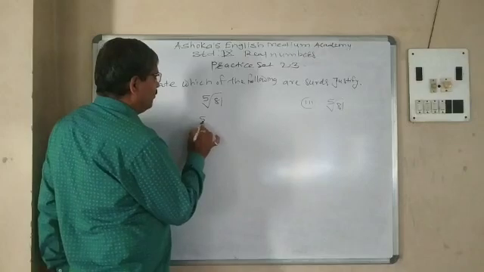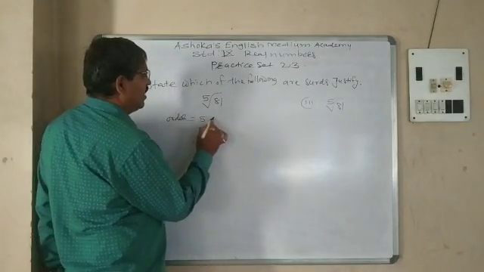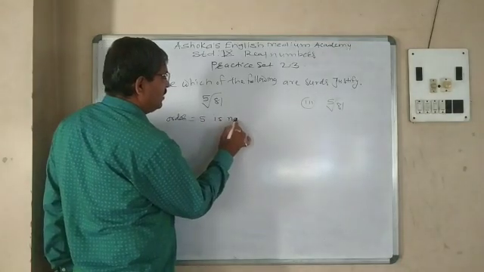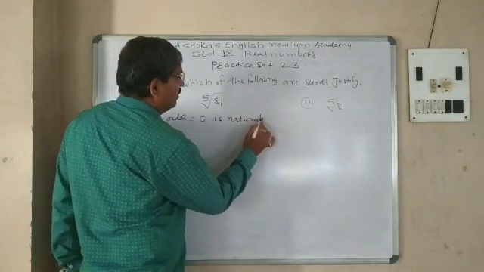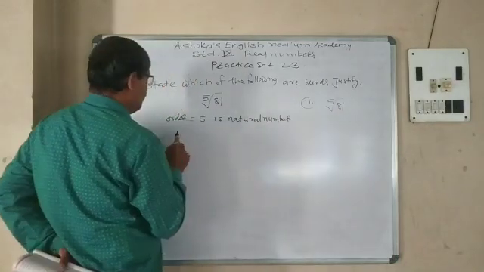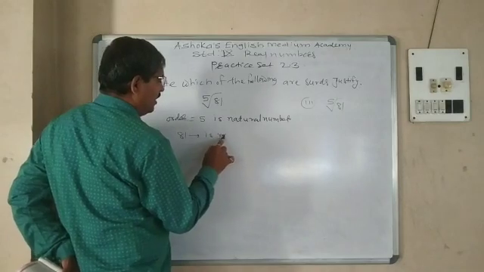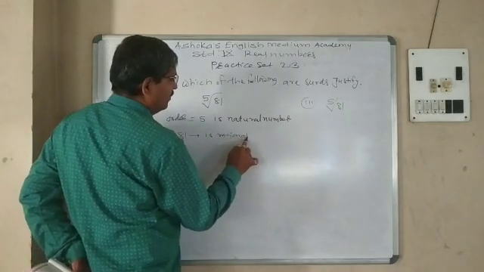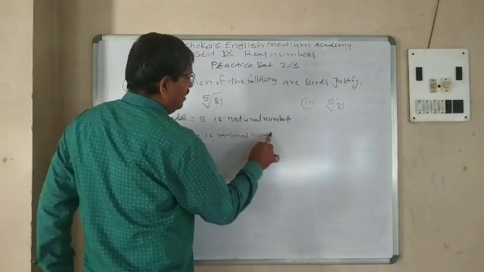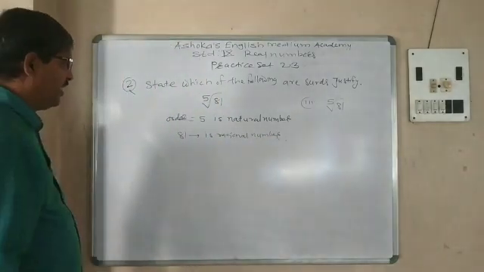Now order is equal to 5, which is a natural number. Okay. 81 is a rational number, a positive real number you may write.